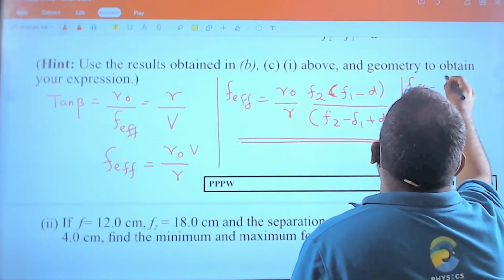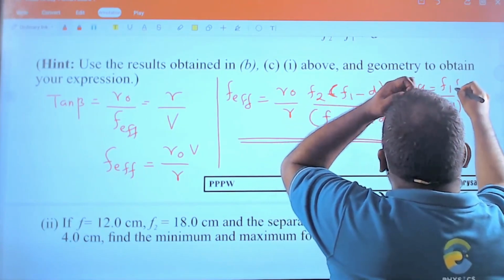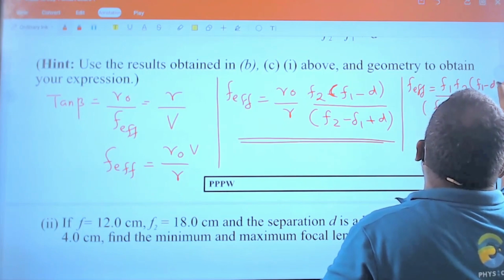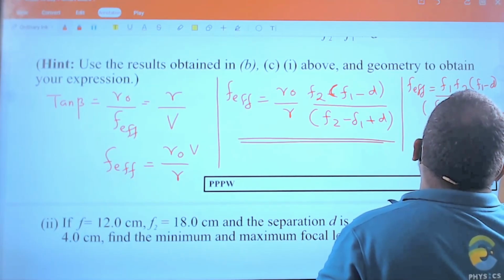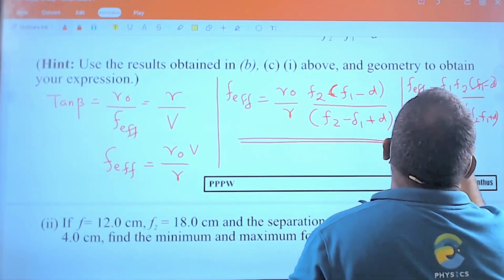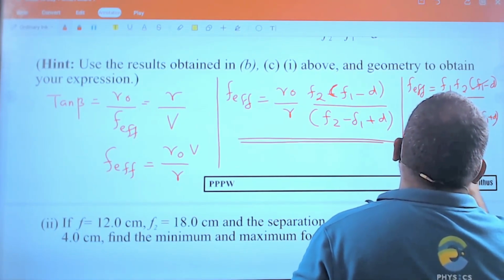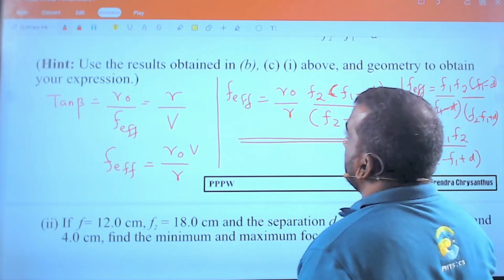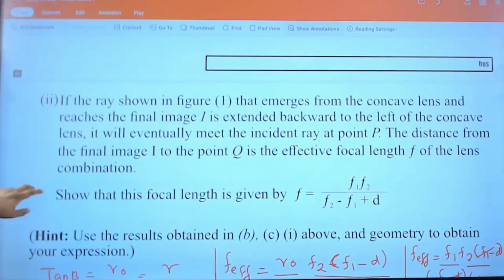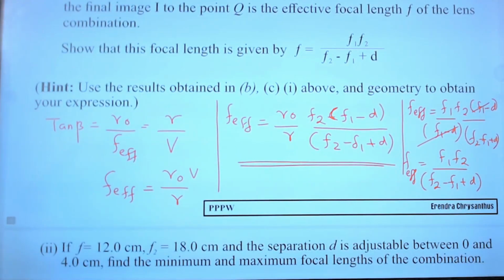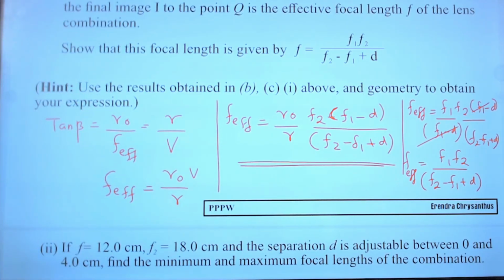Effective focal length is F1 divided by F1 minus D, times F2 (F1 minus D) divided by F2 minus F1 plus D. These two cancel off. F1 F2 divided by F2 minus F1 plus D. Effective focal length. Check. F2 minus F1 plus D. Correct. Done, na? Correct.